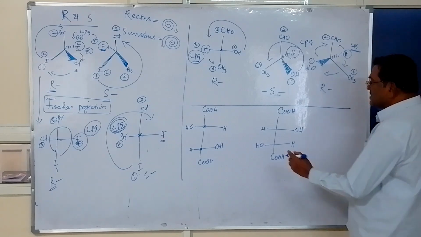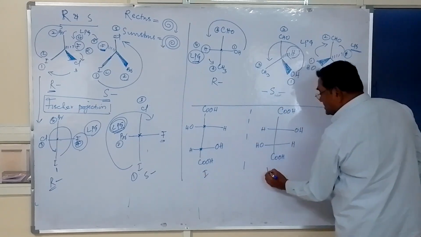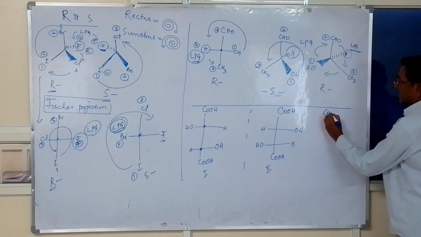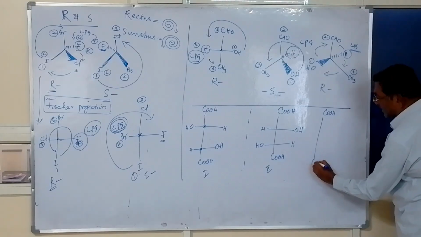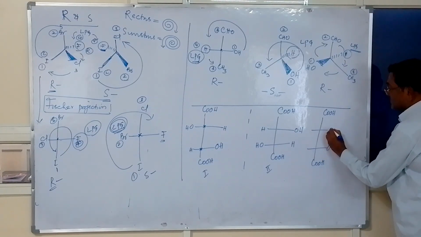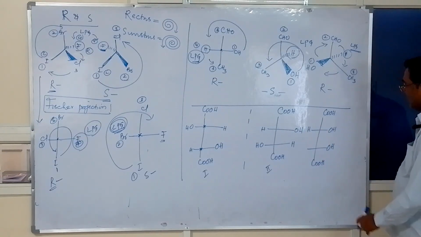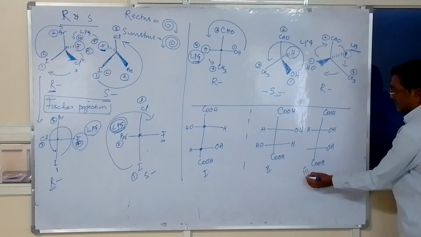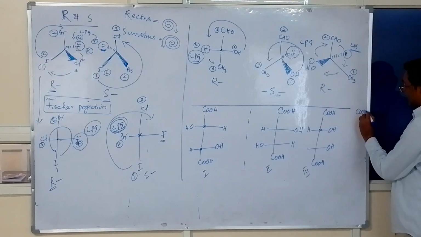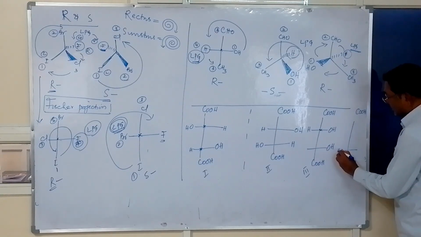Now you are asked to write them. The first structure is this, the second structure is this, I have given for you. And with COOH, you can write R and S configurations for them. The third one also, children, I have given. And at last I am going to give you the fourth one also, that's also related with tartaric acid only.